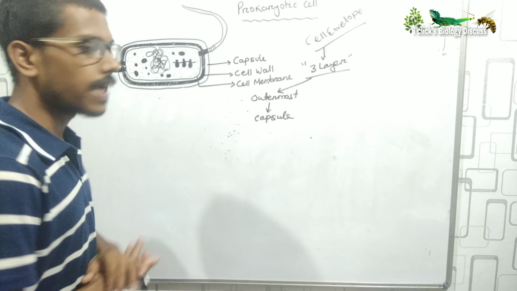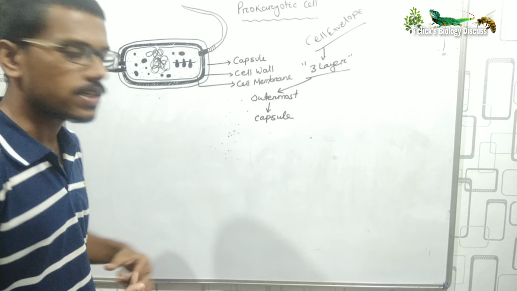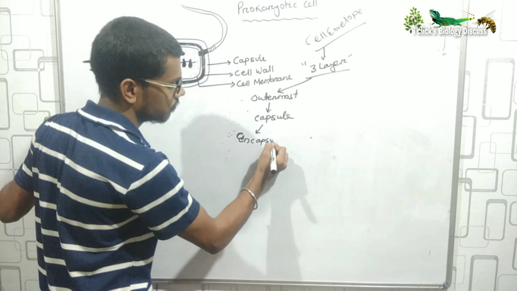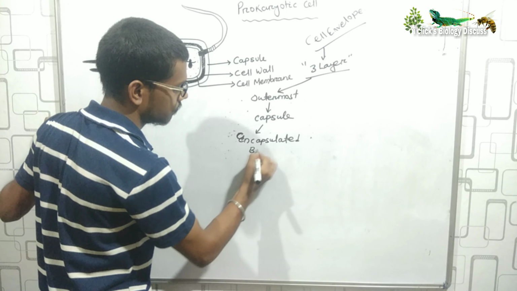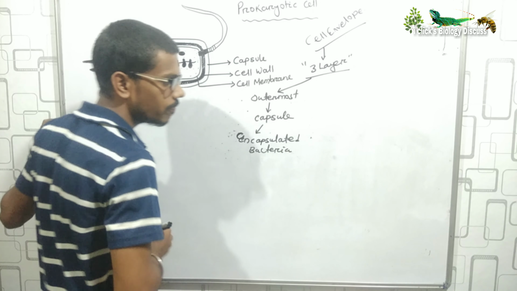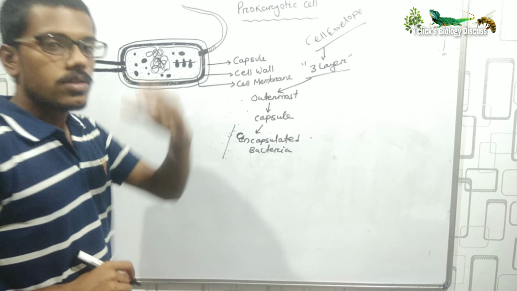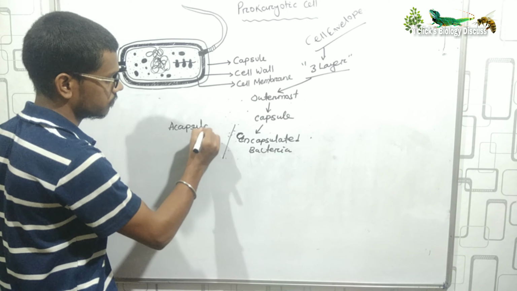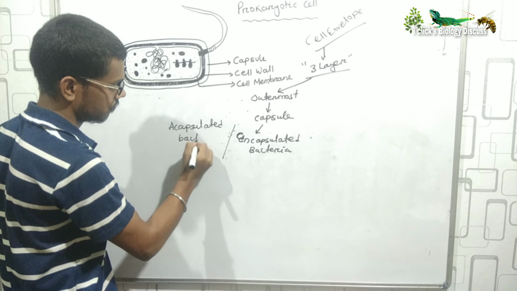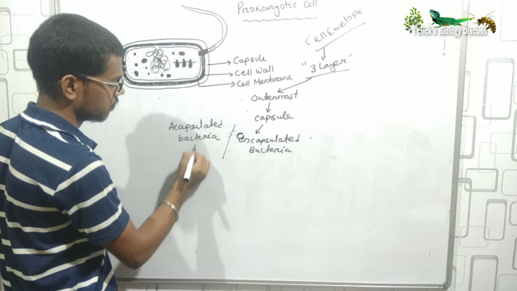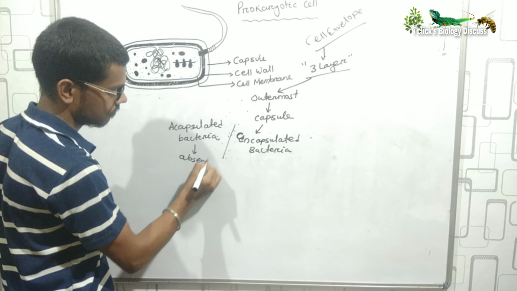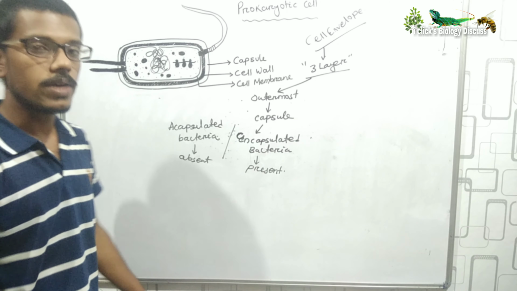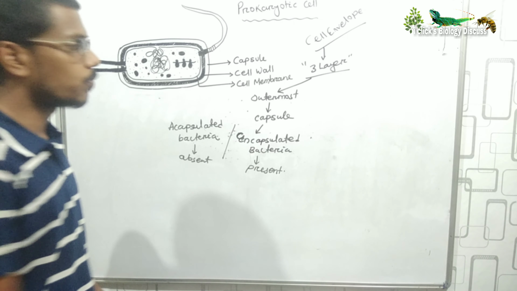Bacteria with a capsule are called encapsulated bacteria, and bacteria without a capsule are called acapsulated bacteria. So this is the outermost covering of the prokaryotic cell.